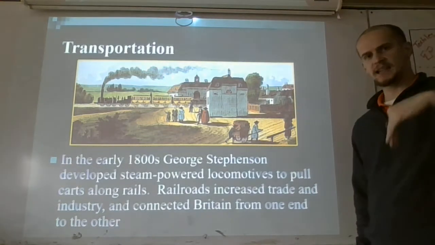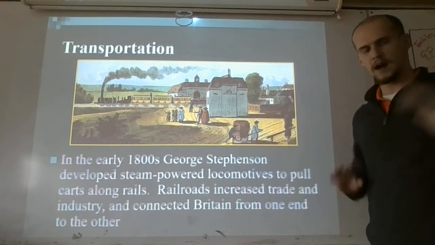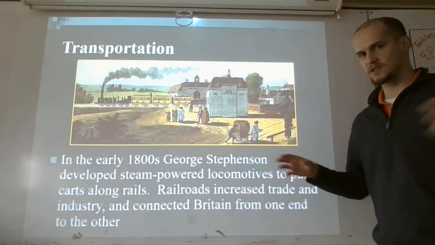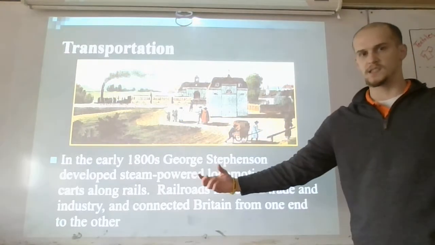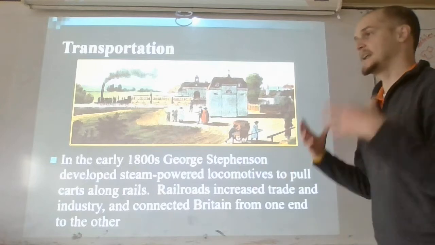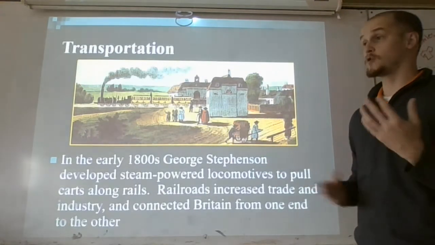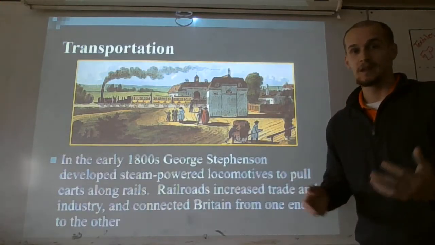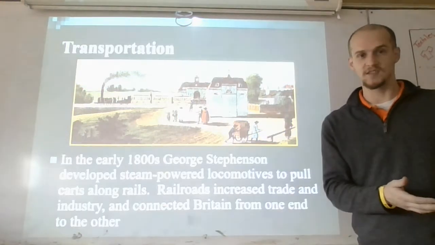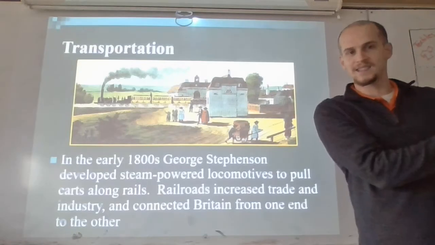And so Britain starts to connect these rails one to another, and it allows them to ship goods all throughout Britain. But then Britain realizes we can build these across countries, across continents even. And so you see an increase in the number of railroads, and the trains are being created through the mass production systems in the factories that were put together by textiles.